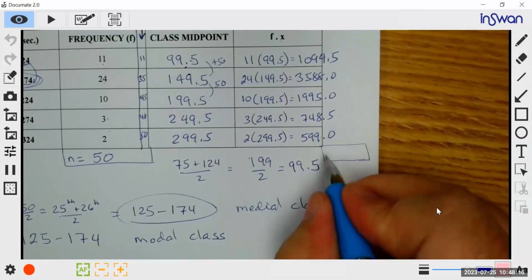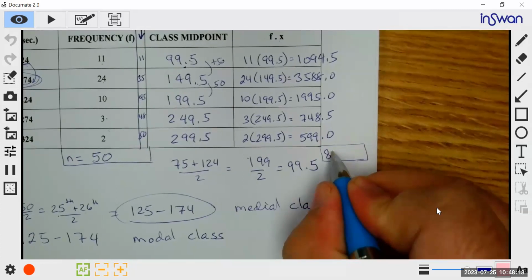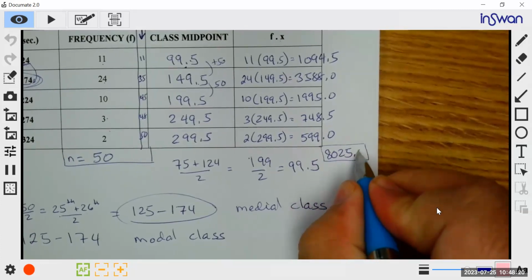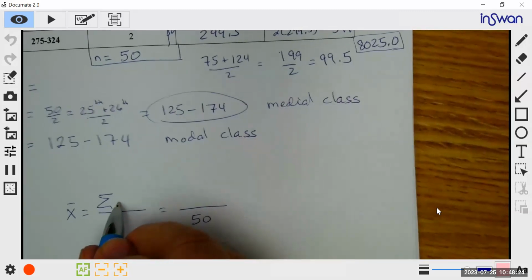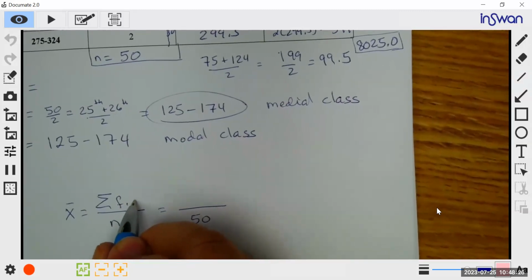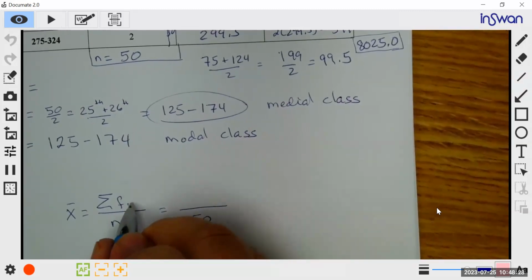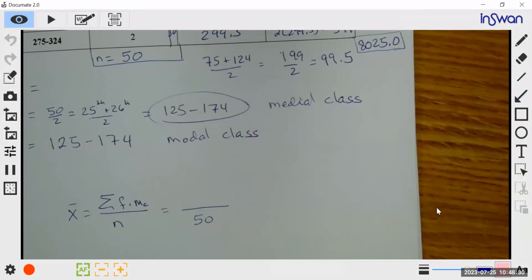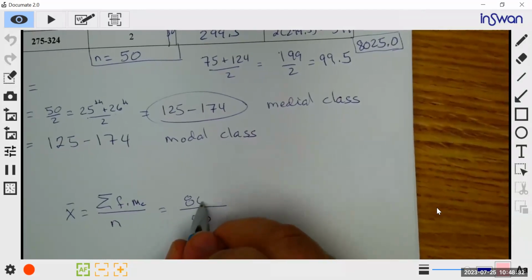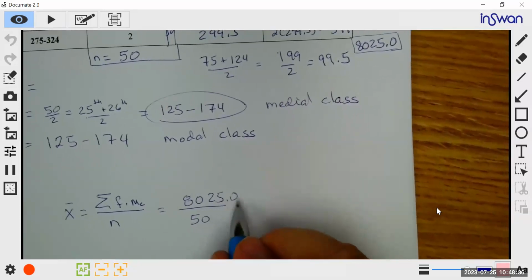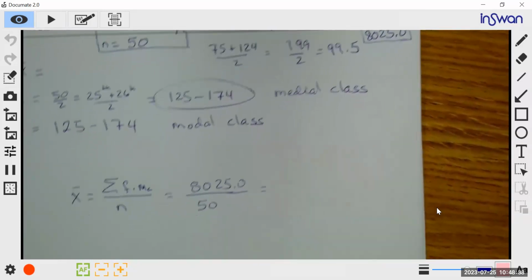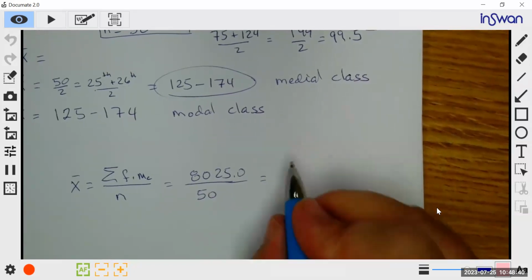Add up all those. This is the frequency times the midpoint, which is 8025.0, which gives us what?